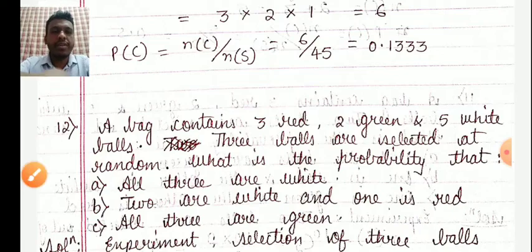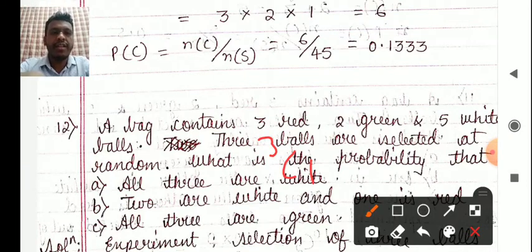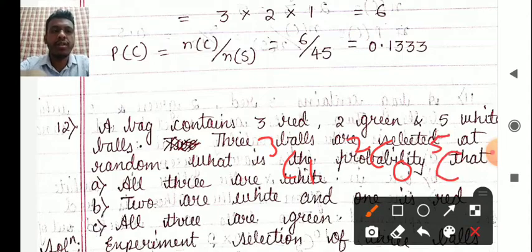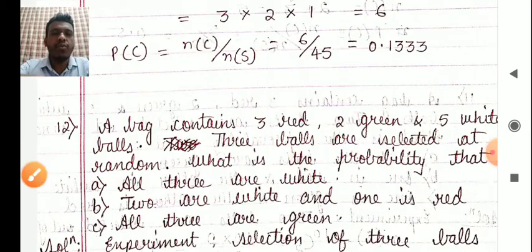So out of 3 balls, 1 is red, 2 are white they have said. So that means green is not there. So 2C0 and 5C2. 1 is red out of 3 balls, no green balls, so 2C0, and 2 are white they have said, so 5C2. So this is how we have to calculate.